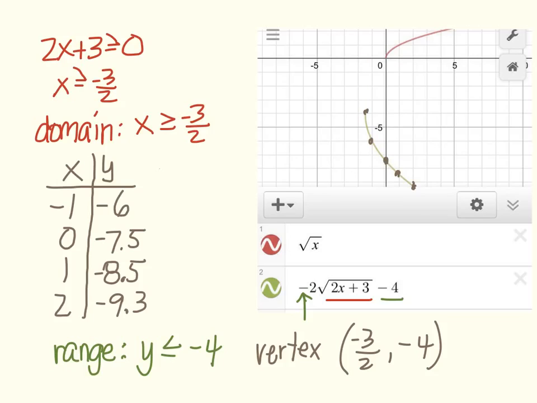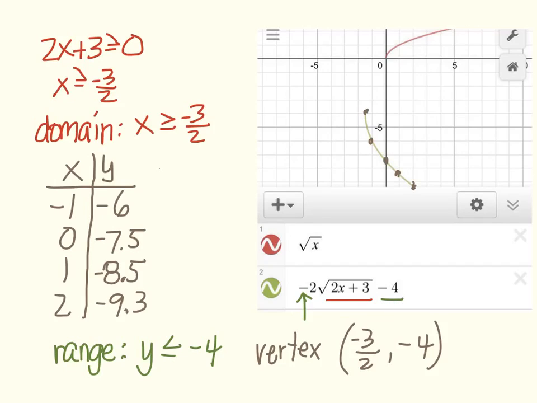So then you're going to look at the x values that are bigger than negative 3 halves, which are negative 1, 0, 1, and 2, and you'll plug those into the equation, negative 2 times the square root of 2 times x plus 3, minus 4. When I plug in negative 1, I get negative 6. When I plug in 0, I get negative 7.5.